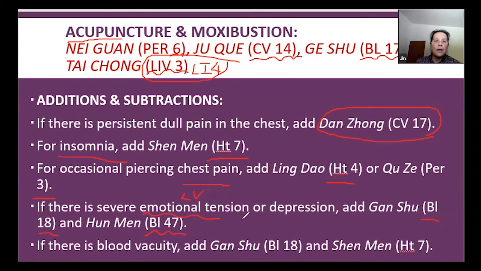Basically in the bladder channel on the back we have two meridian lines. The first line is 1.5 cun away from the midline.